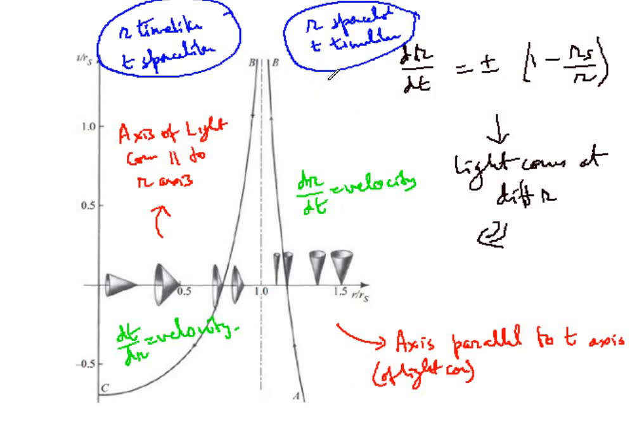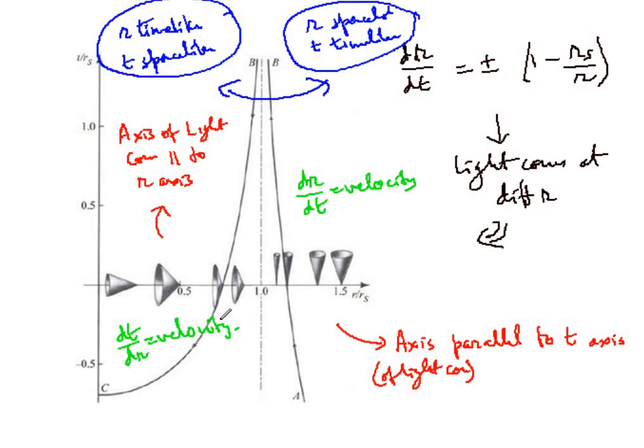And because of this reversal of the character of these coordinates, we have the consequence of this strange orientation of the light cones.